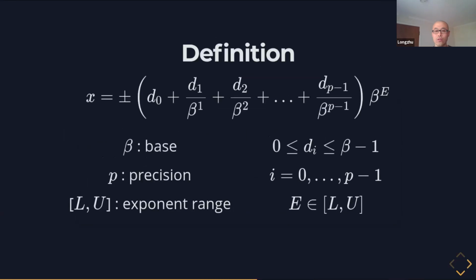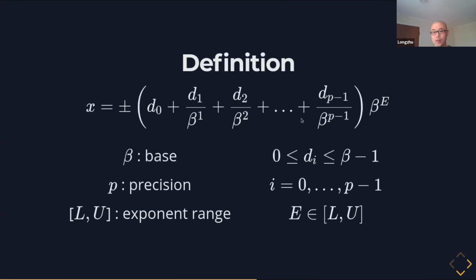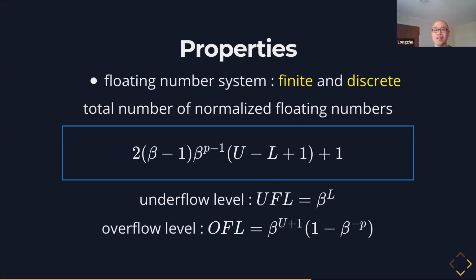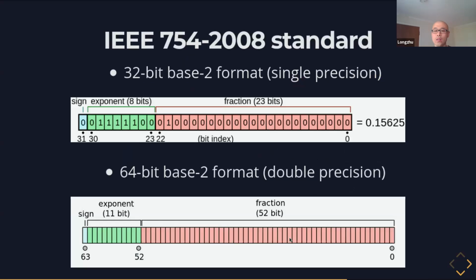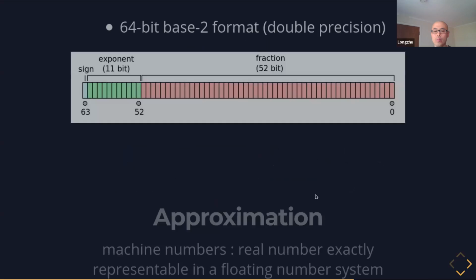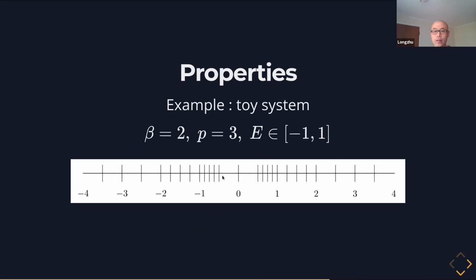Because we cannot represent every number precisely in the computer system. It's a finite, discrete system. We have a lower bound and an upper bound, and we have machine precision. And this example is very good to show you that for some numbers, say 0.1, you cannot represent them in this computer system. The best you can do is to use 0.5 to approximate 0.1. And that is the source of these odd errors here.